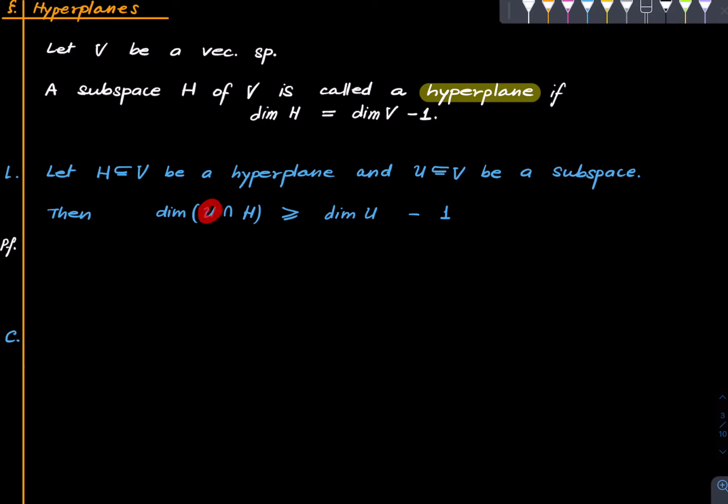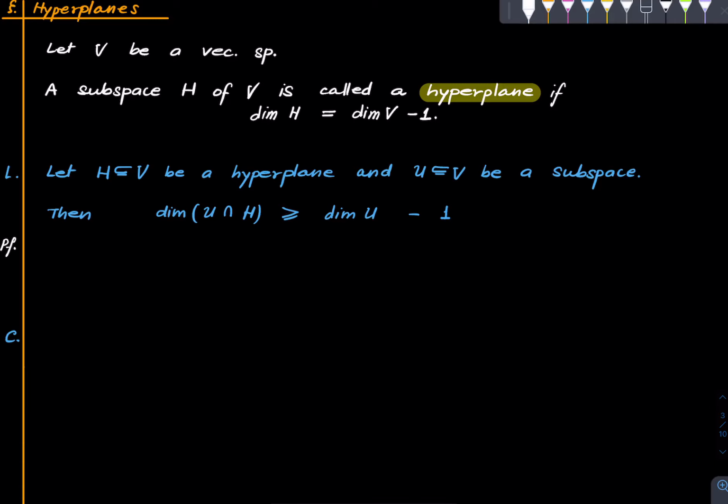So even if you intersect U with a hyperplane, the dimension doesn't drop by more than 1. It may remain constant. In case U is contained in H, of course, this would be just the same as the dimension of U. But if that's not the case, then it will drop by 1, not 2 or 3 or more. And the proof is very simple.